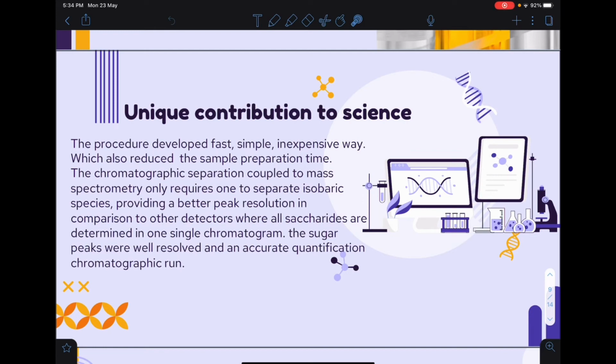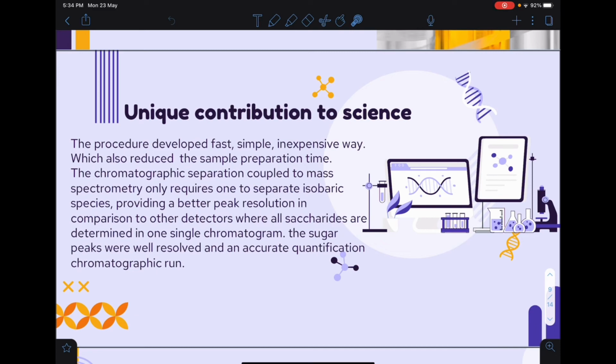So, as we could see, the procedure developed is fast, simple, and inexpensive, without any expensive steps such as purification or solvent extraction, which also reduced the sample preparation time, since only solvent-free ultra-pure water is required in this method.